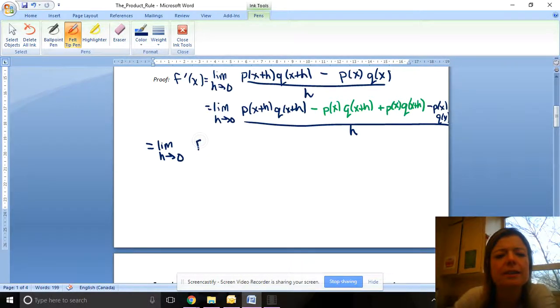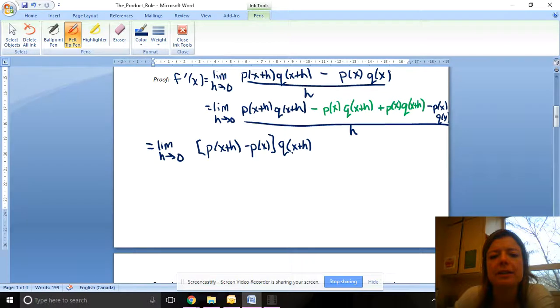So I'm going to write p at x plus h minus p at x first, and then q at x plus h. Okay, so again, I looked at these first two terms, and I just common factored out a q at x plus h. I just put that part after, so then this is what happens when you common factor that out.